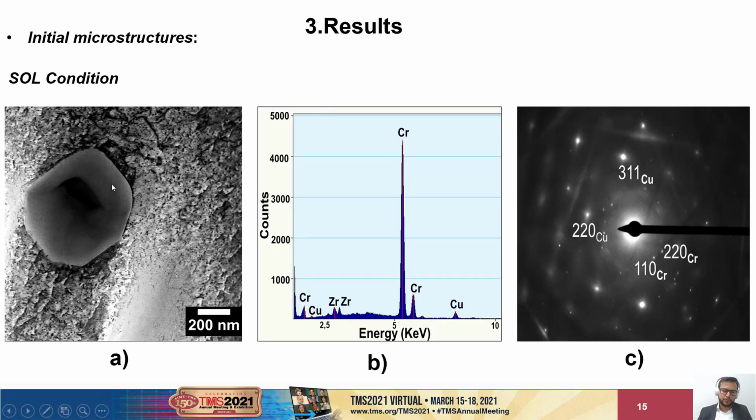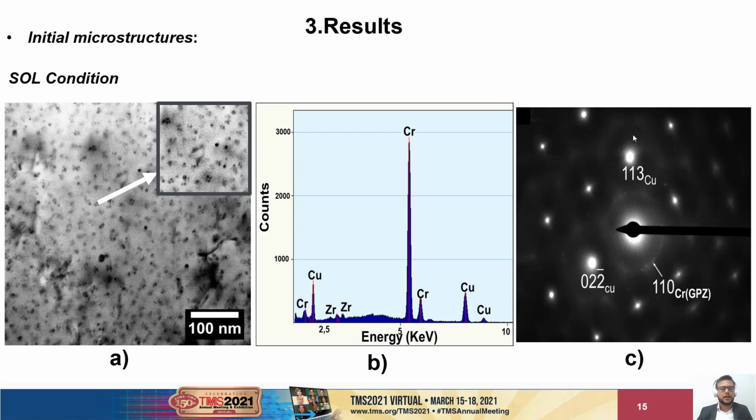Those insoluble particles were also confirmed by TEM analysis with the aid of EDS and selected area diffraction analysis. And the alloy in the solution condition also presented some small GP zones, which were also rich in chromium.